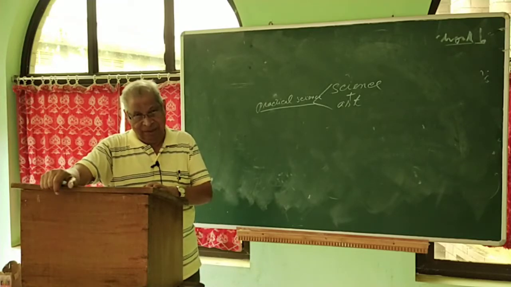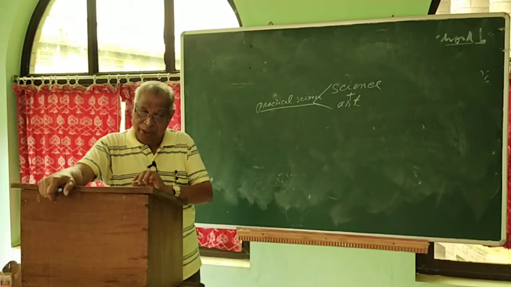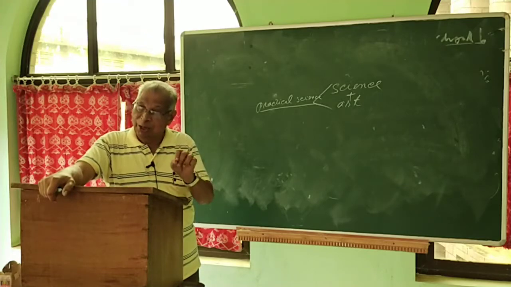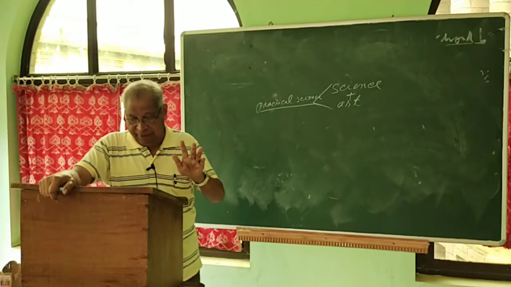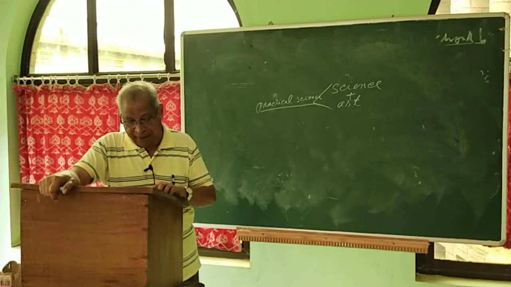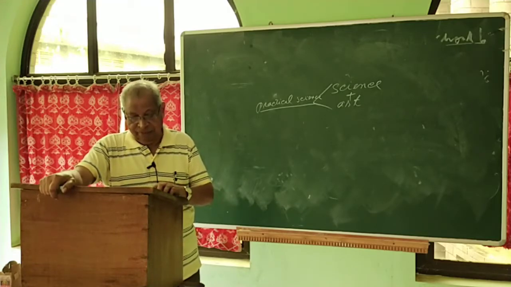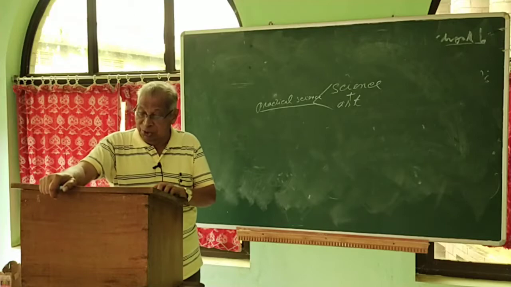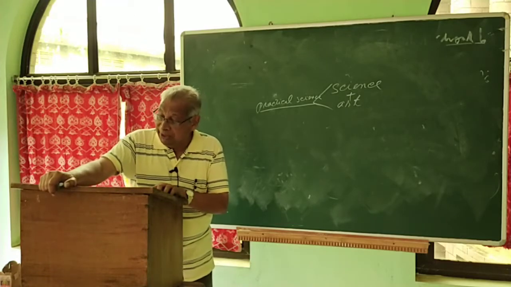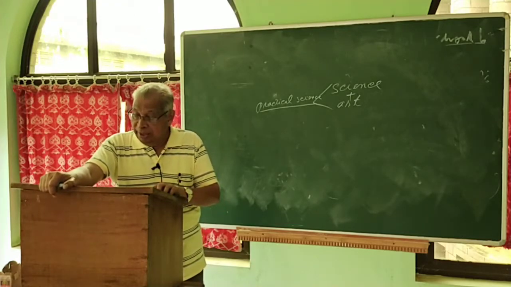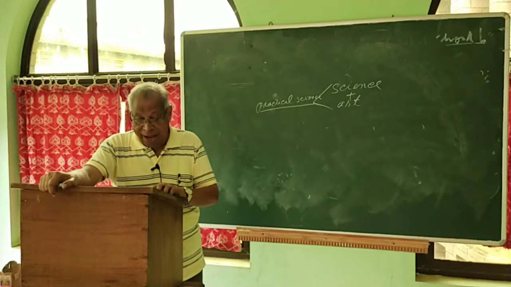Exercises are there. Therefore, we get into action as well, not only theory. Therefore, it is a practical science. Then there is another phrase that is used in the working definition, namely a practical science of valid reasoning.